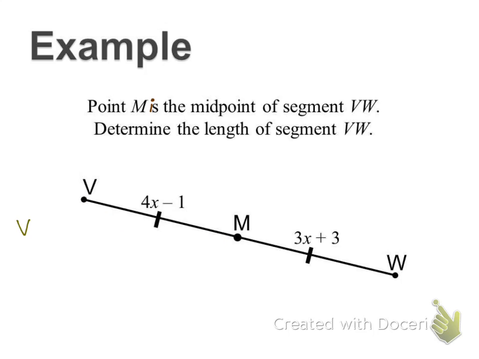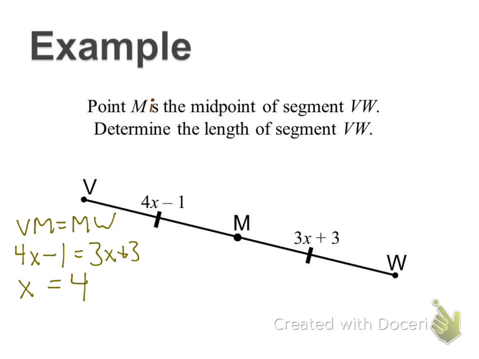Since it does say midpoint, we know that VM is equal to MW. Then we can plug in the actual values we have, 4x minus 1 and 3x plus 3. Solving, subtracting 3x from both sides gives us an x, adding 1 to both sides gives us a 4, x equals 4.